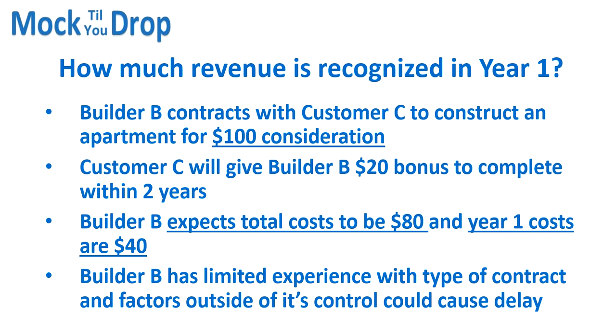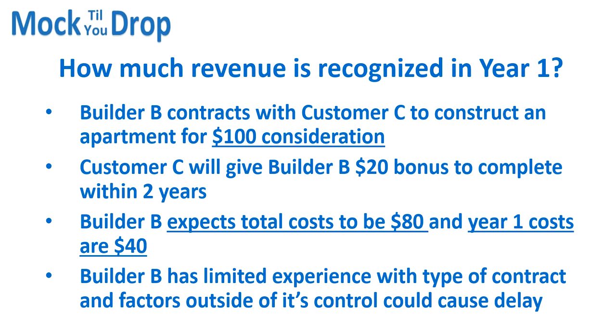Builder B also expects total costs to be $80, and it incurs $40 in year one costs. It also has limited experience with this type of contract, and factors outside of its control could cause delay. So now the standard indicates that builder B cannot recognize the variable consideration, in this case any portion of the $20 bonus, in year one if it can conclude that it will have to reverse the cumulative revenue in the future.